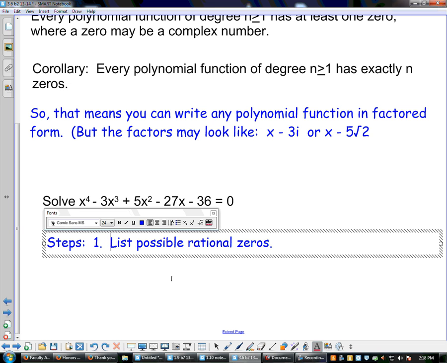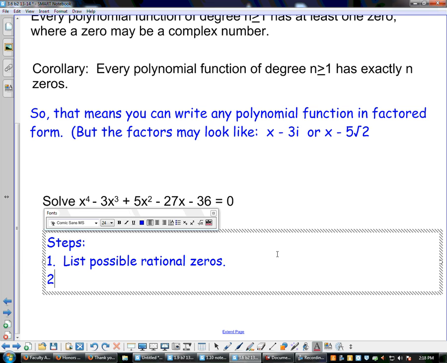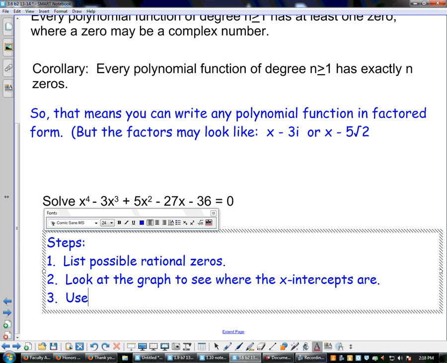All right, step number 2 in solving this would be to look at the graph to see where the x-intercepts are. Okay, step 3 would be to use synthetic division to check whether you have zeros or not.